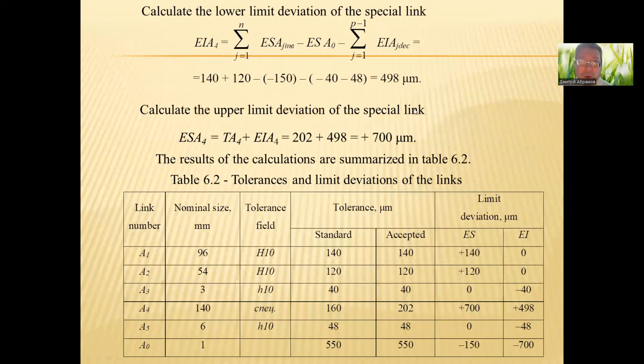Calculate the lower limit deviation of the special link. Lower limit deviation EI of special link A suffix 4, calculating using the formula on your screen.